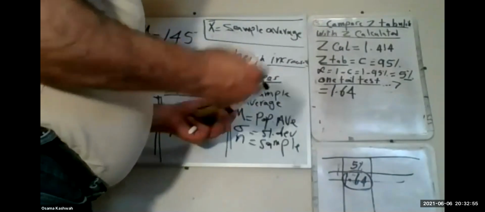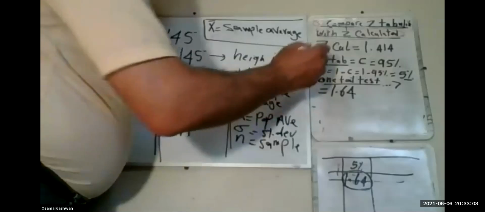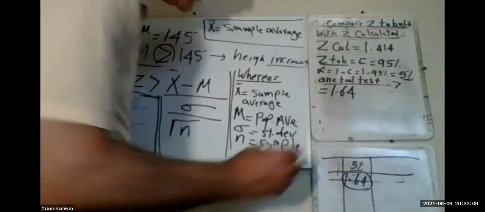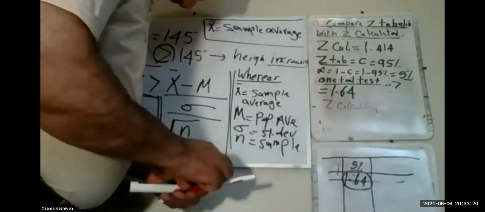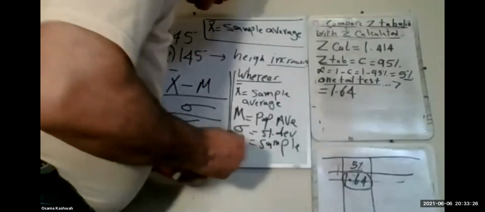Now we'll compare the Z tabulated with the Z calculated. Like this step, we have to compare between Z tabulated and Z calculated. So when I compare, I will see that Z calculated is less than Z tabulated.